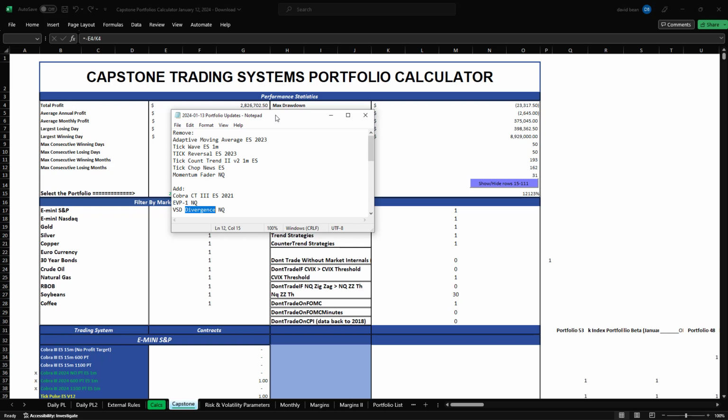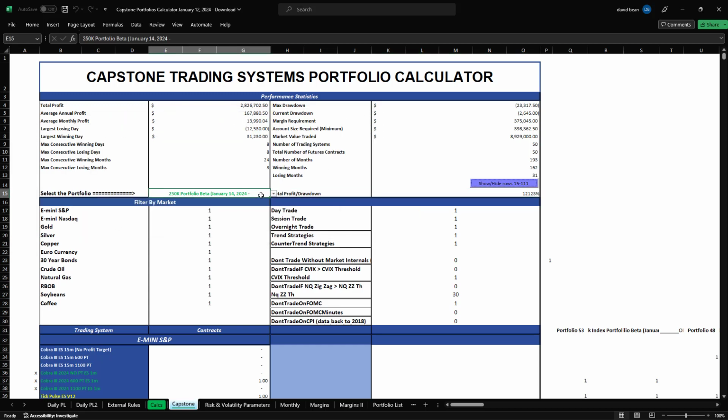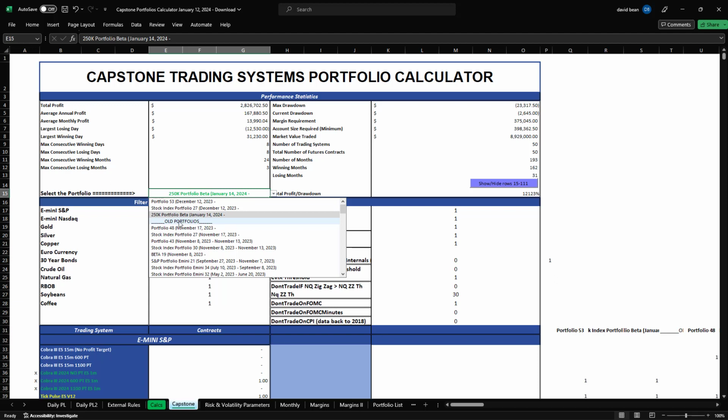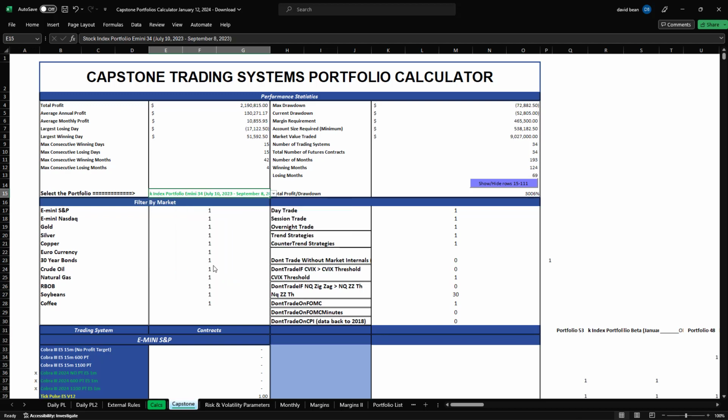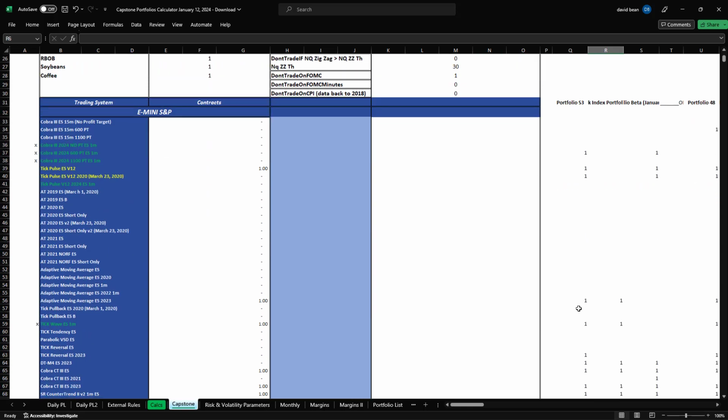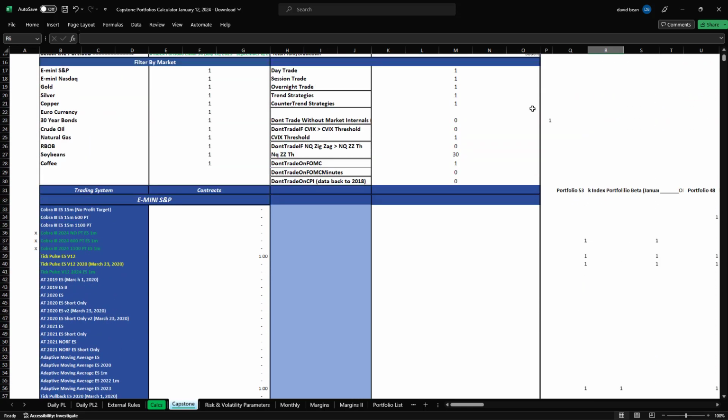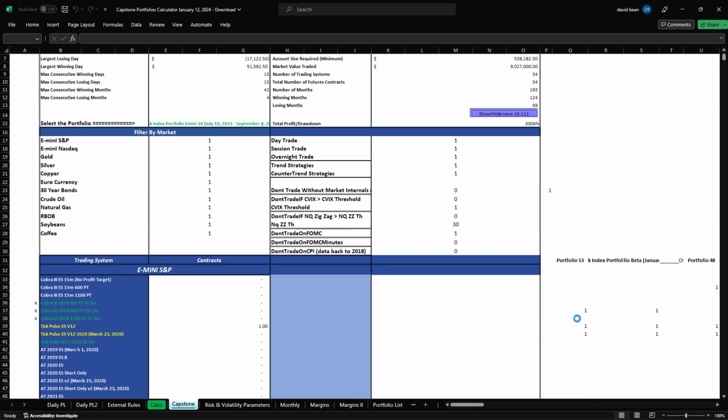and portfolio updates. The portfolio calculator has been updated through Friday, and you can see the latest results. I've moved a long list of strategies under the old portfolio list, and you can see, for example, our stock index portfolio E-mini 34. We were trading this through September of last year, and it went through that worst case drawdown, and it had some bounces and rolled over.